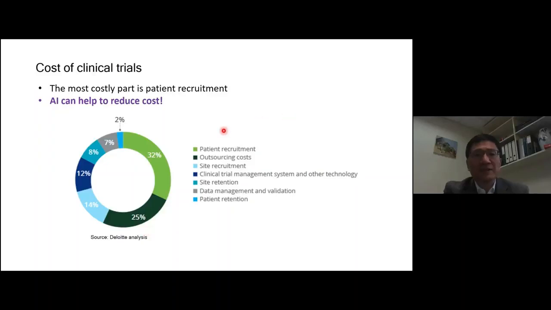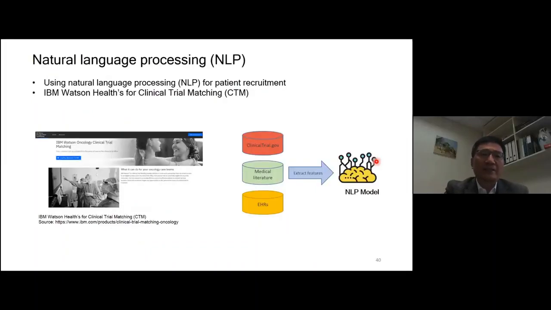Because in these clinical trials, the patient recruitment, outsourcing cost, the site recruitment, site retention, and patient retention and data management validation, and so on, is a very complicated process. So how can we really make it efficient and speed up the clinical trials? So AI, again, can help.